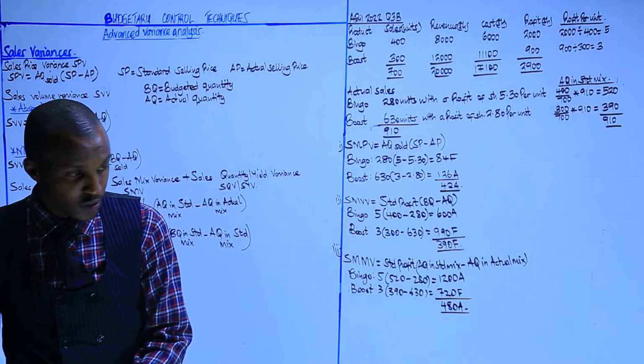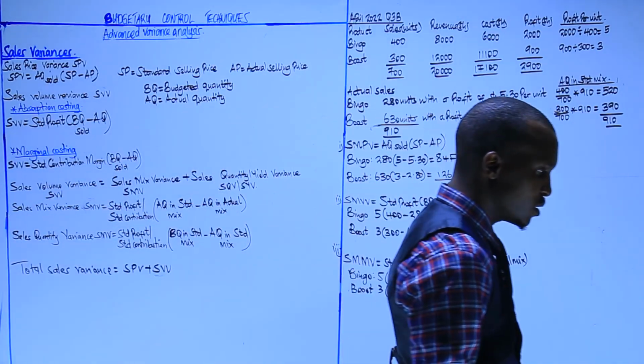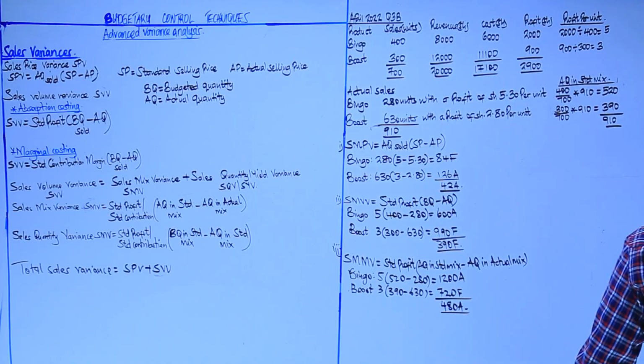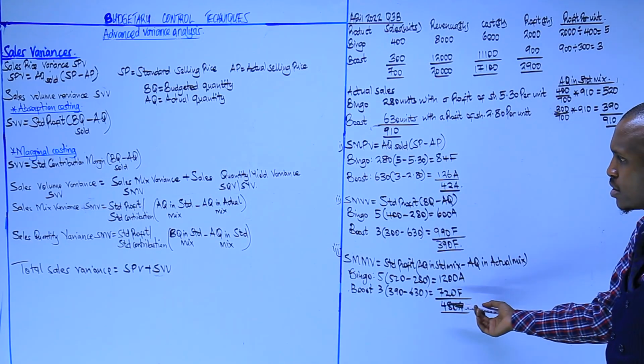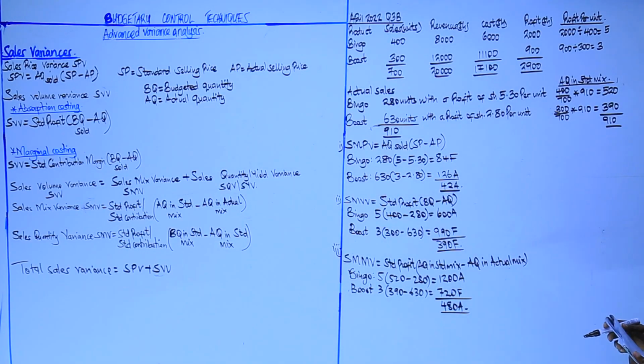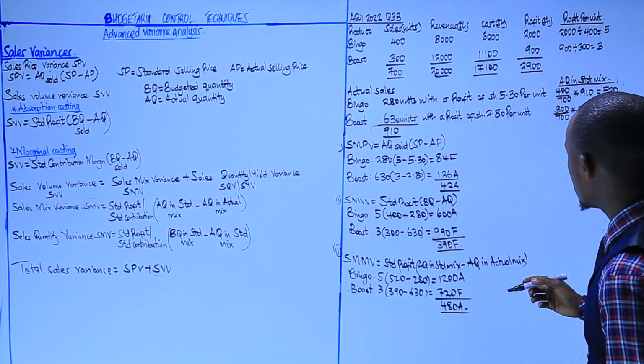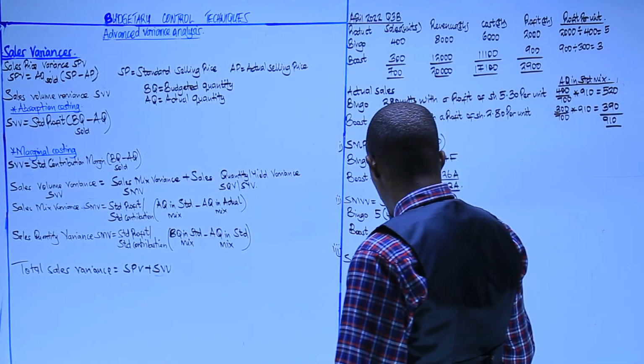The other variance they are asking for, that is your mix variance. Part 4, they are asking for your sales margin quantity variance.